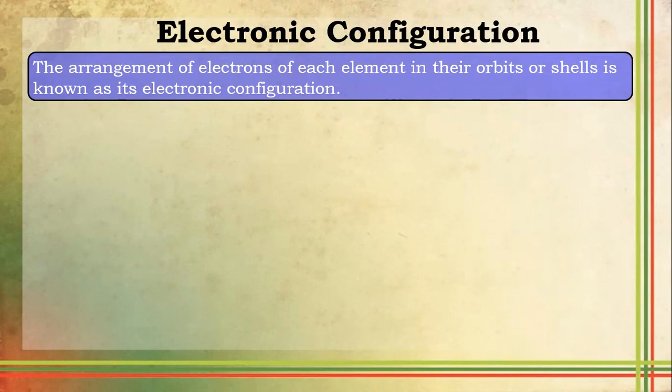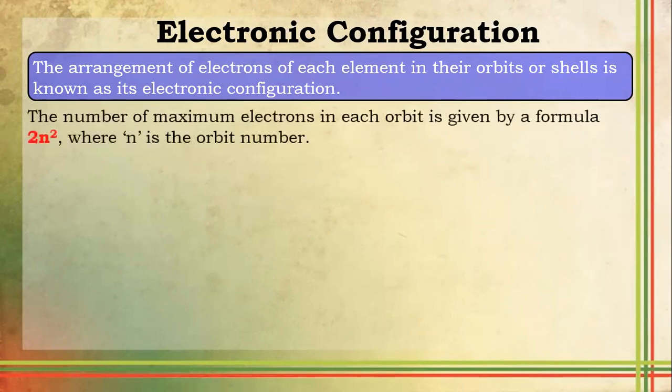Now students, the electrons are not just randomly arranged, but they follow a rule called maximum capacity of a shell, given by the formula 2n square.